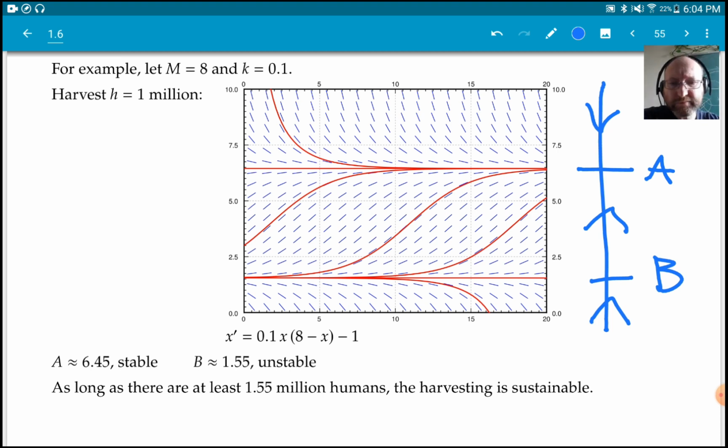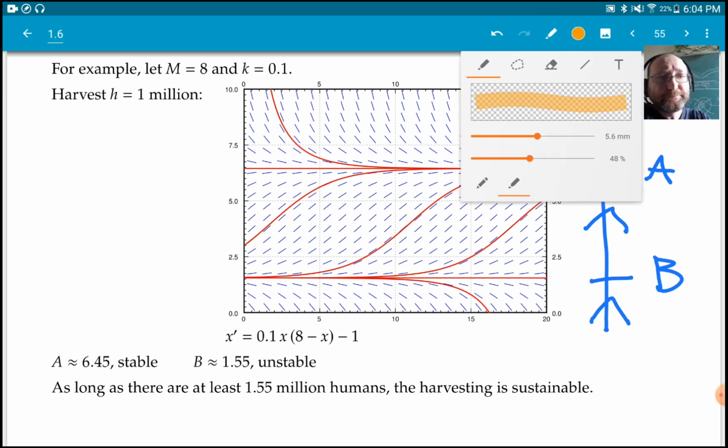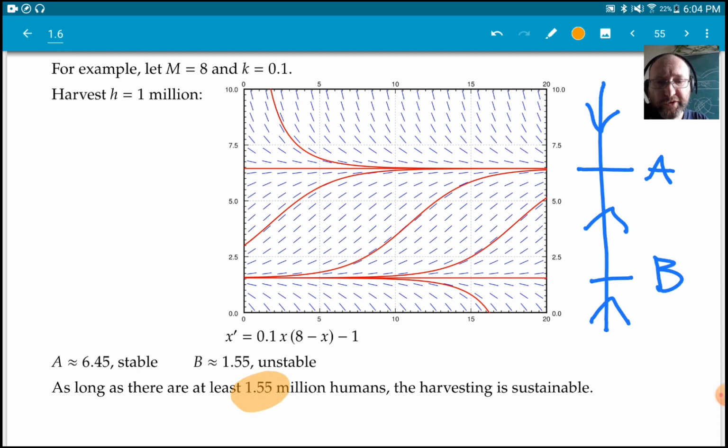So as long as there are at least 1.55, or at least B humans on the planet at some point, as we go along, it will eventually get towards A. The harvesting is sustainable.